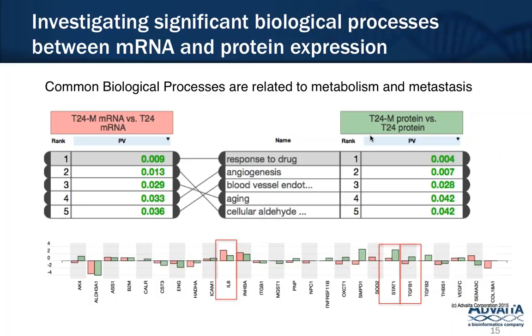So there is a concordance between the gene ontology analysis and the pathway analysis. And in looking at the response to drug biological process, some of the same genes that we saw in the cytokine receptor interaction pathway came up, such as IL-6, STAT1, and TGF-beta1. So this gives me more confidence to possibly pursue some studies on IL-6 or STAT1 or TGF-beta1.